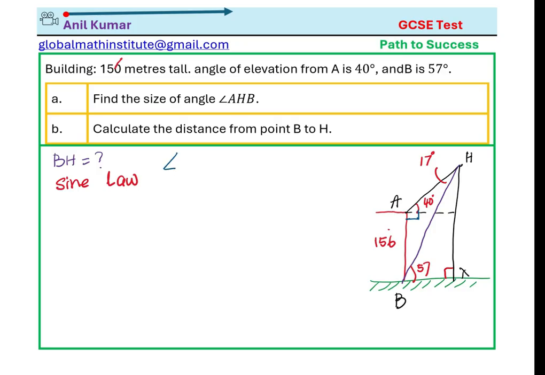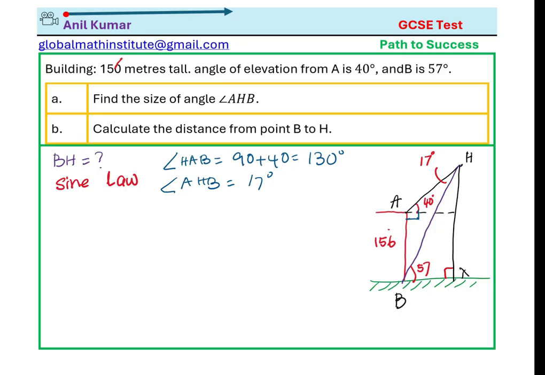So we know that the angle HAB is 90 plus 40. And we know 17 degrees is the angle AHB. We know the side 156.